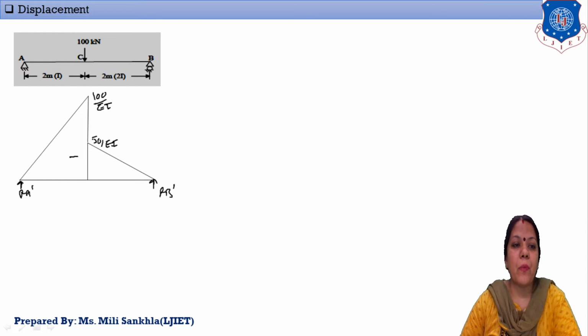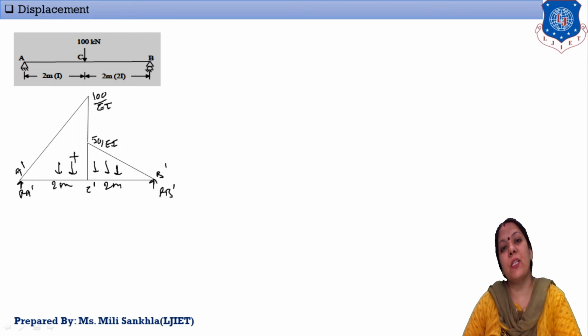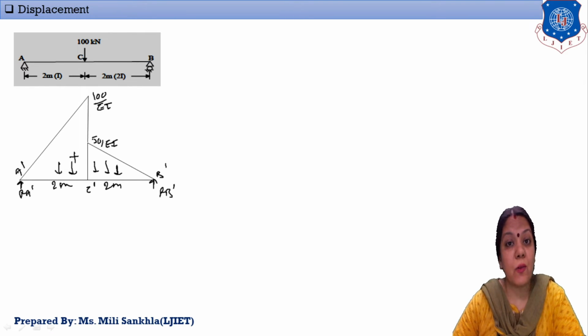It is positive, and forces act in the downward direction. The distance is 2 meter, and here the distance is also 2 meter, and here C dash, this point is A dash, and this point is B dash. Now mention here this is our conjugate beam, so make a heading, conjugate beam. Now we find out the support reactions of this conjugate beam.